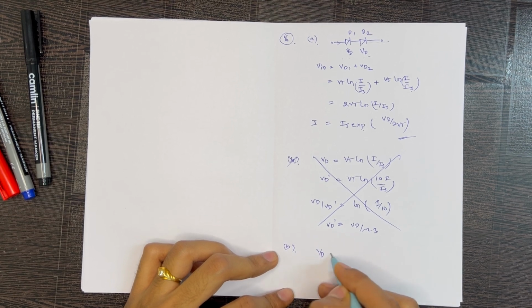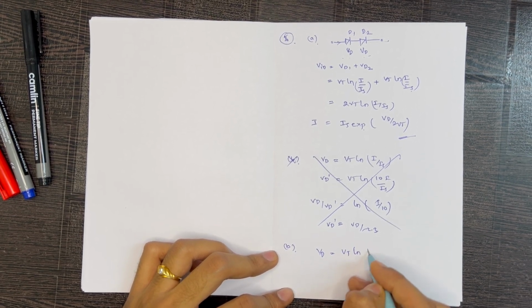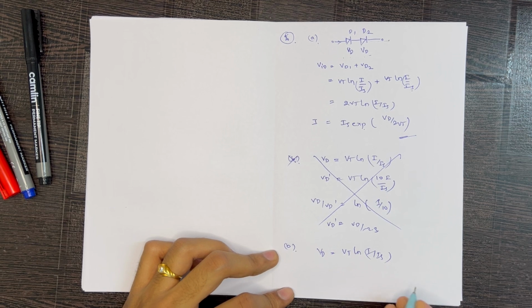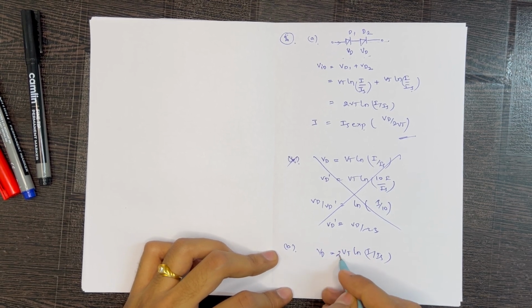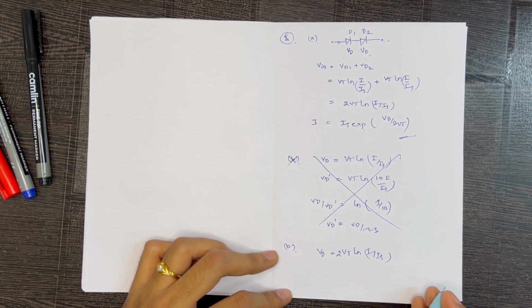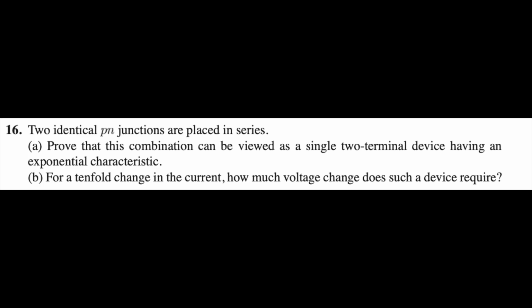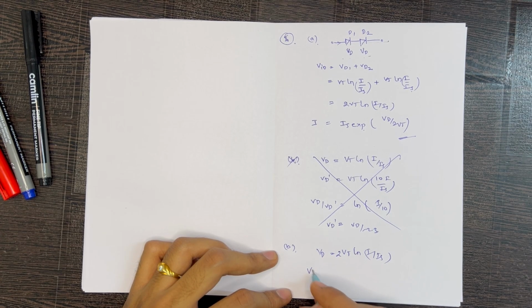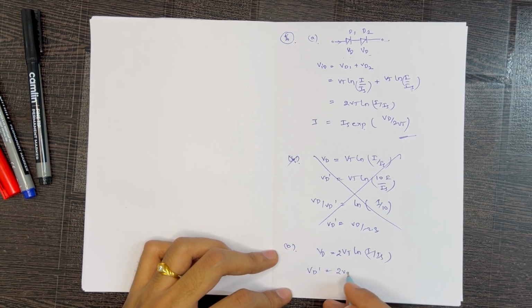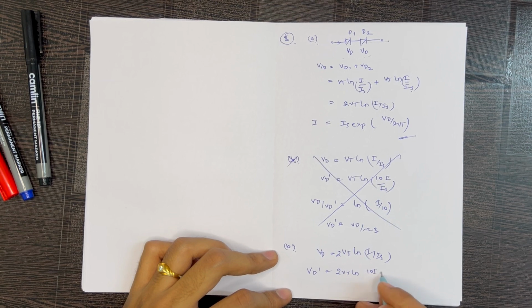Here VD equals VT ln I by IS, so it's 2 VT ln I by IS. We need to find the change in voltage required to get a current of 10 times ID. So VD dash equals 2 VT ln 10 I by IS.